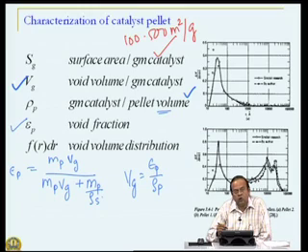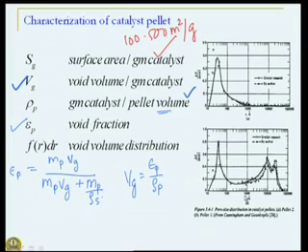But one could also have, depending on how the catalyst is made, a bimodal distribution. For example, in the second case, again same radius on the x axis, the void fraction on the y axis, we see that there are two peaks actually. So, there are pores which are about 10,000 angstroms in the micron range, and there are pores which are about 20 to 30 angstroms.